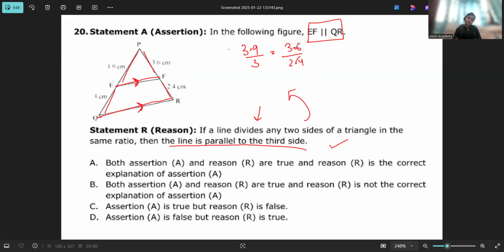Here removing the decimal points, 12 twos are 24, 12 threes are 36, and removing the decimal point here, 39 by 30 is 13 by 10, which is 1.3, and 3 by 2 is 1.5, which are not equal to each other. Thus, EF will not be parallel to QR because these are not in the same ratio. So, A is false, R is true. Option number D.